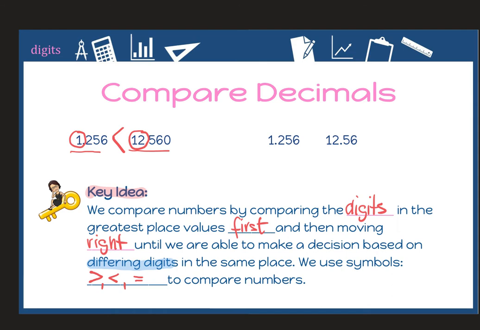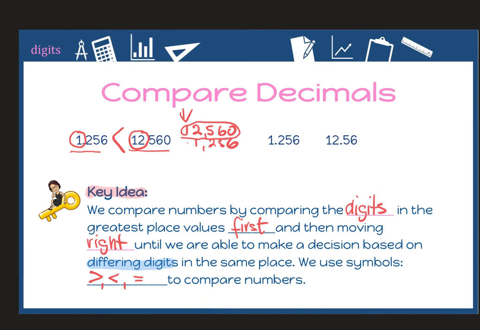The other strategy is to line them up. We put 12,560 on the top, and then 1,256. We can say this number has more digits, or this number has a 1 in the 10,000s place and there's nothing here, so we know that this number is greater. We can count how many digits.